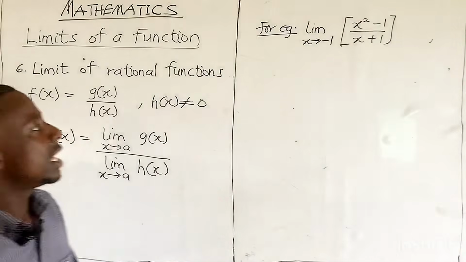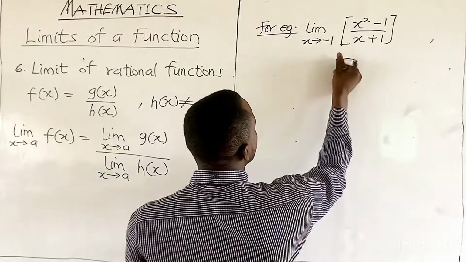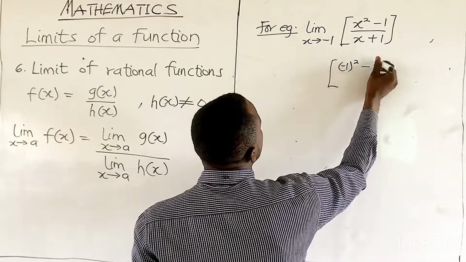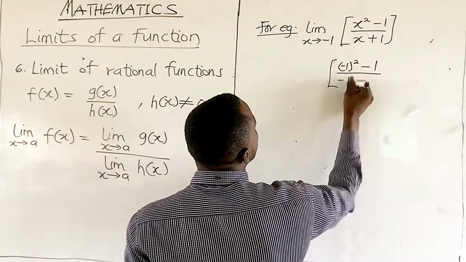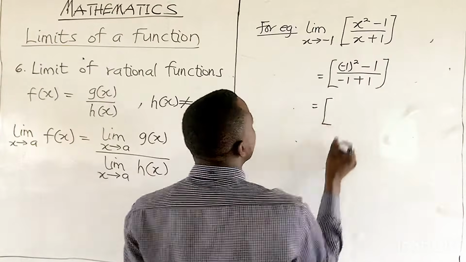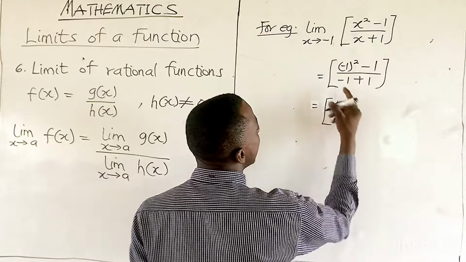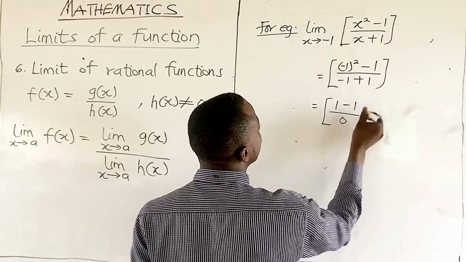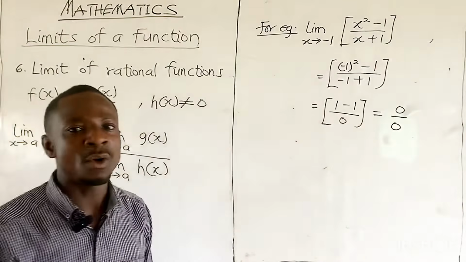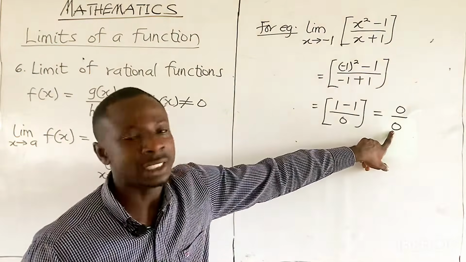Now at this point, if you substitute the -1 directly, when you substitute -1 here, you have -1 squared minus 1 all over -1 plus 1. We all know that -1 squared gives +1, minus 1 over -1 plus 1, we are going to have 0. And here we are going to get 0 over 0, and 0 over 0 is undefined. It does not exist anytime the denominator is 0.